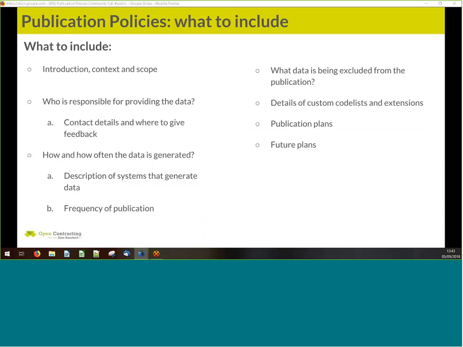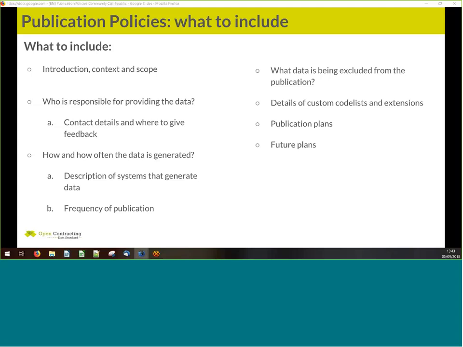So in terms of what to include, I'll just talk through these very briefly and then we'll go into them in more detail on the next slide. But we recommend you include an introduction and some context and some information about the scope of the data. A point of contact that's responsible for the data, so somewhere to ask questions and give feedback.